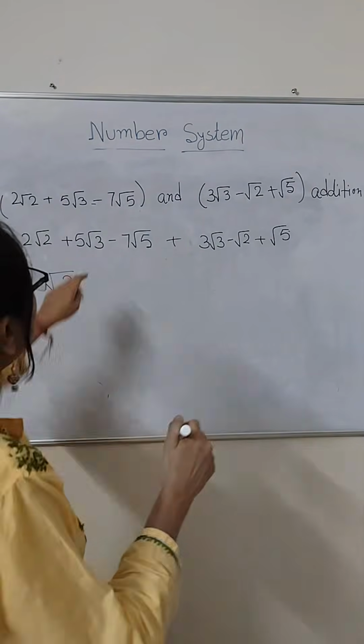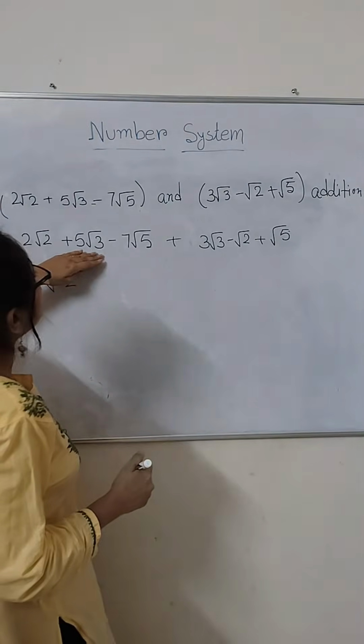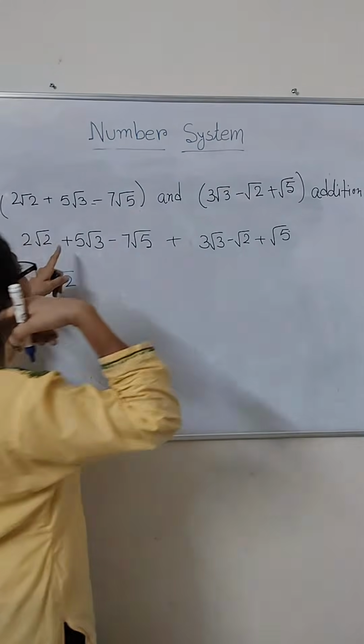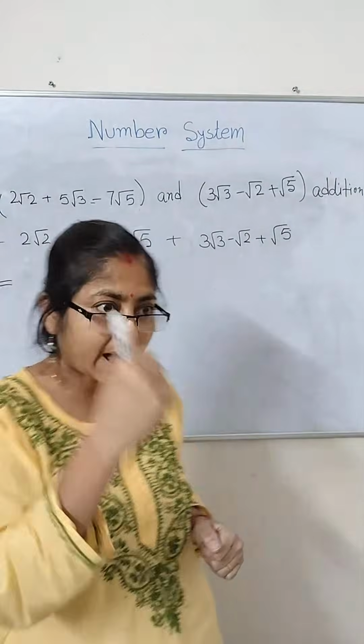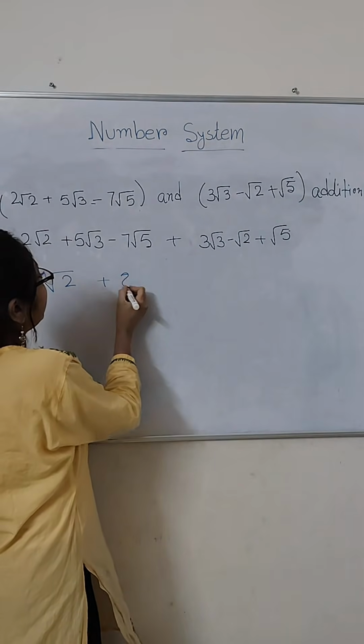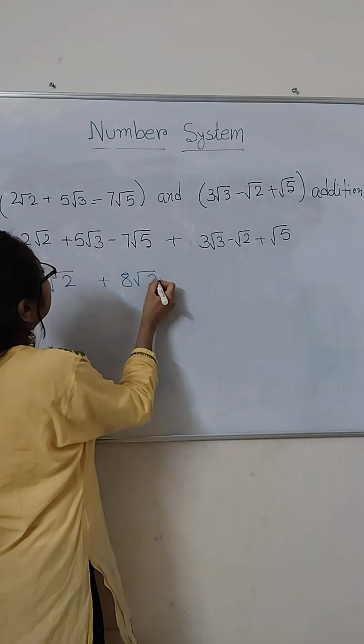Now check the root 3 part. 5 root 3 and 3 root 3. Plus plus plus, plus 8 root 3.